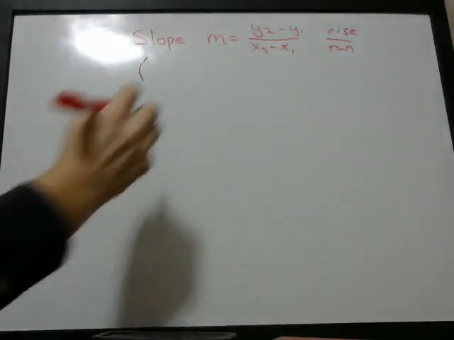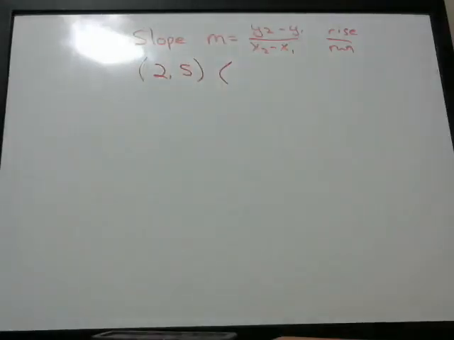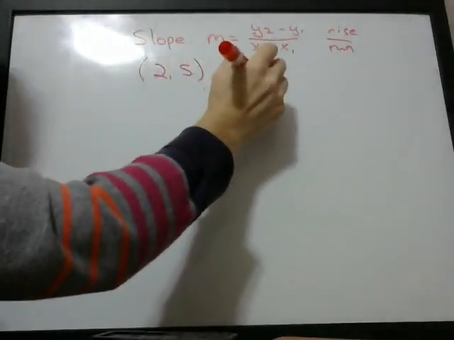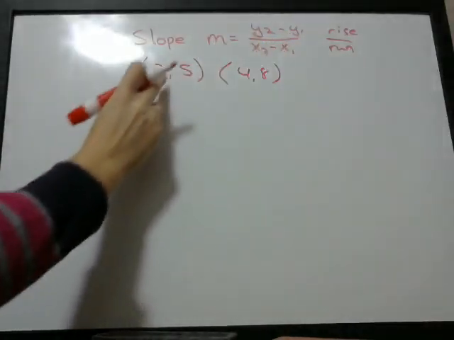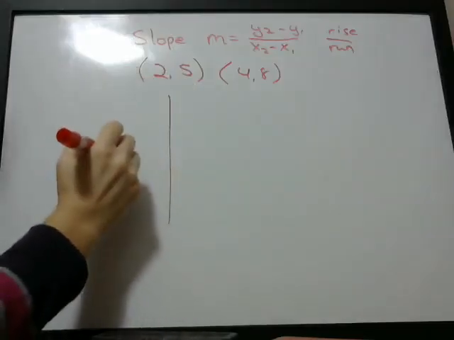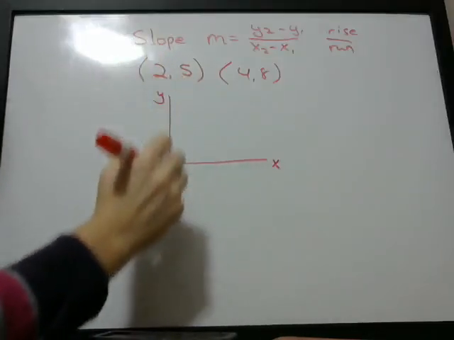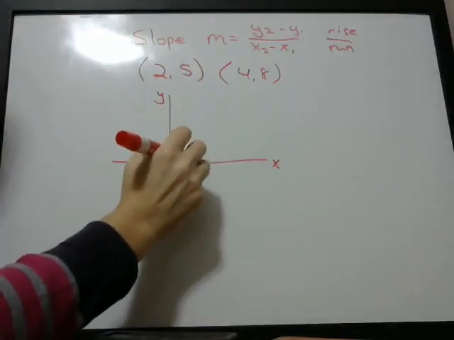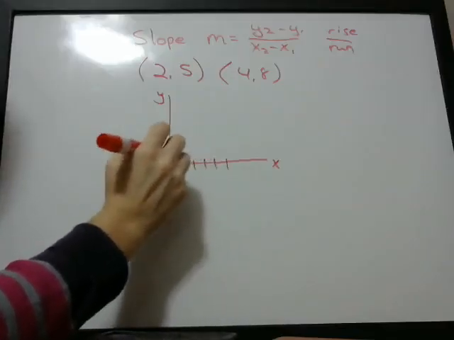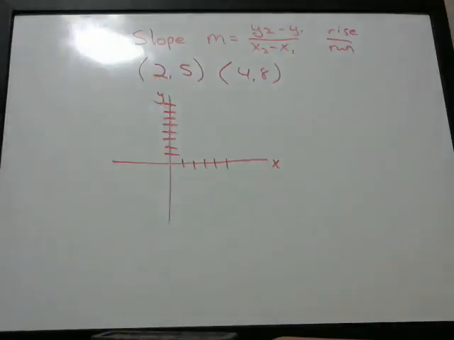So let's say we're given the points (2, 5) and (4, 8). So here are 2 points, right? If we're going to plot this, again we have the x-coordinate and the y-coordinate. 1, 2, 3, 4, 5. 1, 2, 3, 4, 5, 6, 7, 8. So we're going to plot these 2 points.